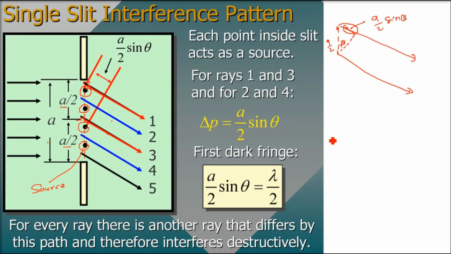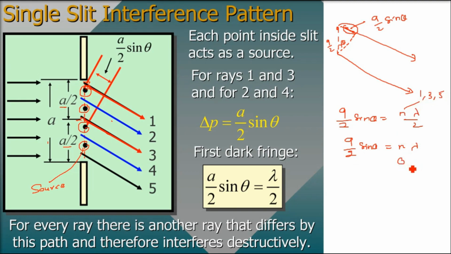So the path difference, if you assume it to be a dark fringe, we know that it will be n into lambda by 2, where n will be 1, 3, 5, like this. So a by 2 sine theta is n lambda by 2. This is for the dark fringe. If you wanted the bright fringe, this will be a by 2 sine theta equals n lambda. Now n will vary from 0, 1, 2 like this.